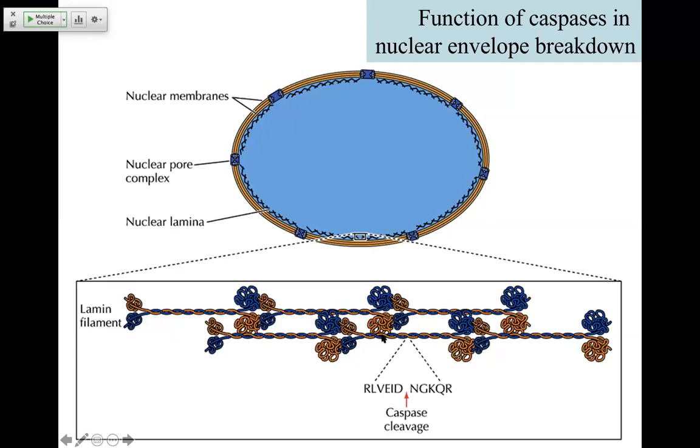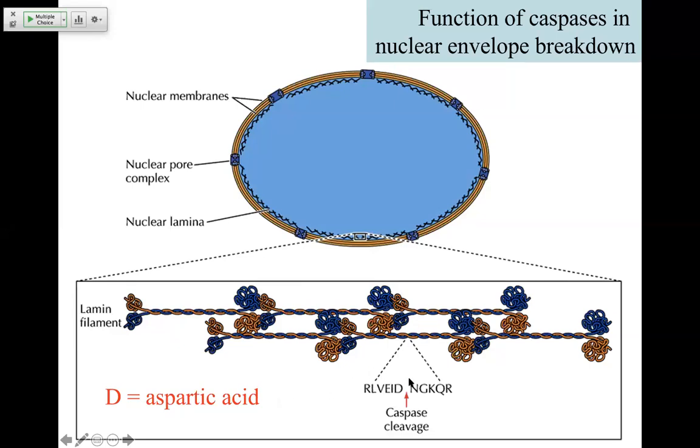Well, in the middle of the rod portion of the individual subunit is an amino acid sequence, which constitutes a caspase cleavage site. It's the target site for a caspase protease cleavage. D is the single letter abbreviation for aspartic acid.